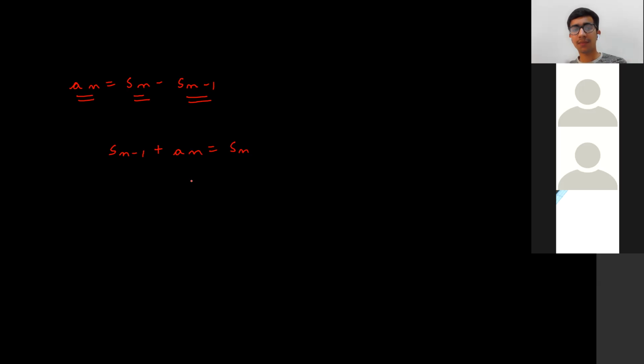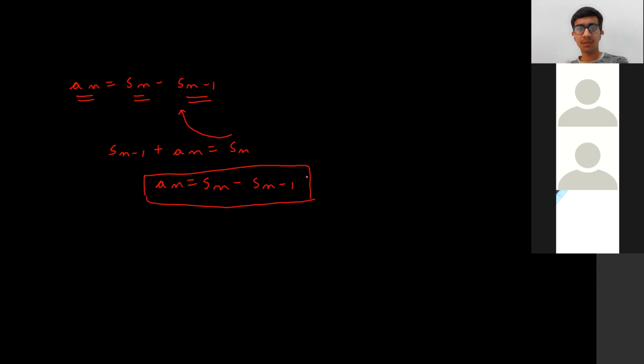The sum of the first n minus 1 terms plus the nth term will give the sum of n terms. So this is how you get the formula of a_n. You just take S(n minus 1) to the other side. This is very useful in questions.